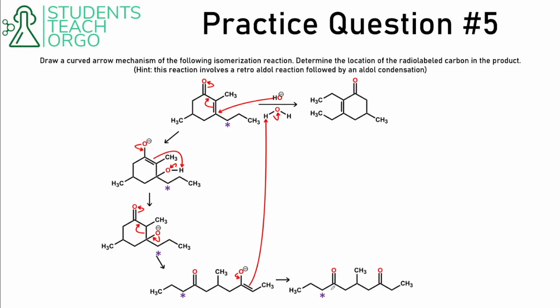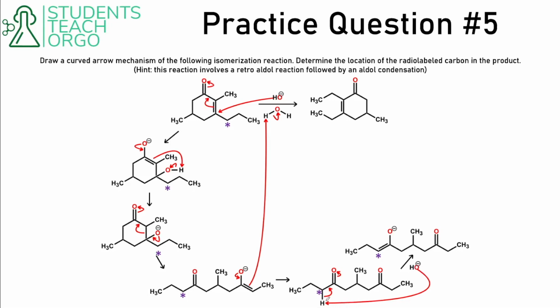So we should probably think about making an enolate that's going to give us a 6-membered ring. And so the next enolate, there's a hydrogen there, there's a hydrogen there, there's a hydrogen there, and there's a hydrogen there, and all of them are enolizable, but the only one that's going to give us a 6-membered ring and is different than the one that we just came from would be to pull the hydrogen that's attached to the radiolabel. So going forwards, you can see that that's exactly what we do.